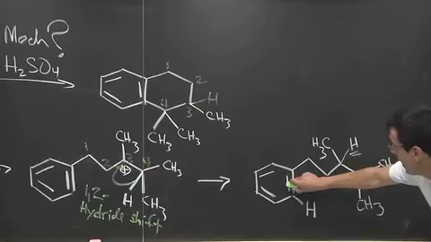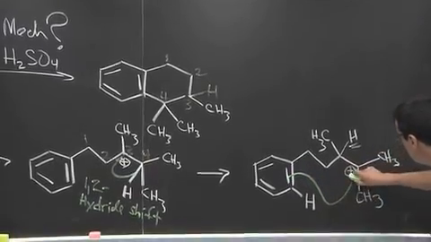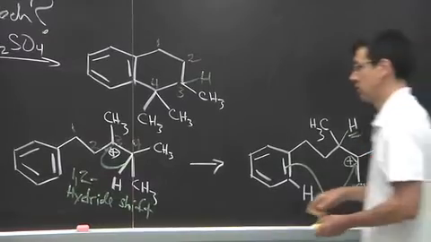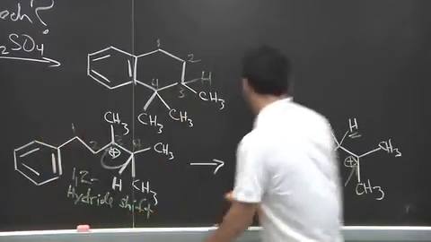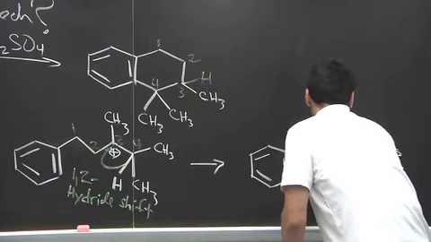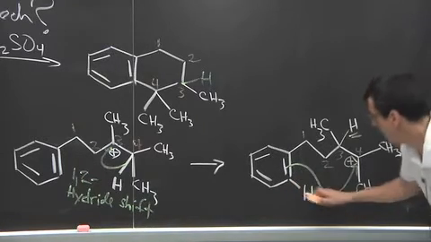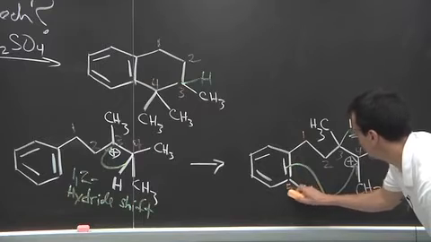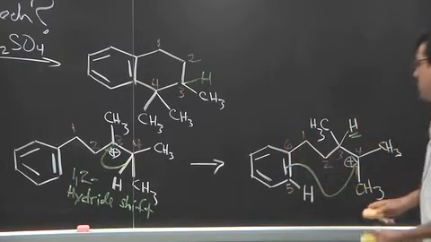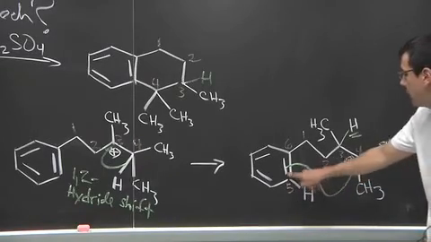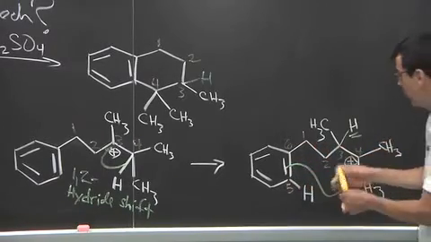We're going to use the pi system of the benzene ring to make a bond to carbon number 4. Let's keep the numbers on here, 1, 2, 3, 4. And then maybe let's just keep going here, 5 and 6. So we're going to make a new bond between 5 and 4, and that's going to close this 6-membered ring.